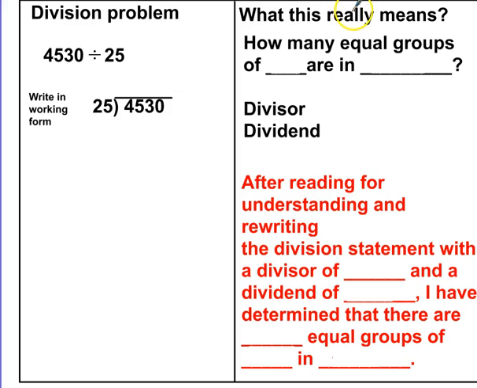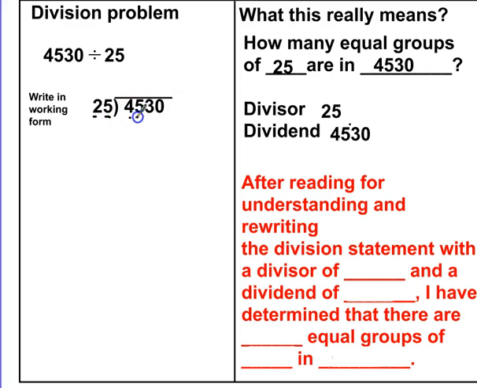What this really means, you're looking for how many equal groups of 25 are in 4,530. Your divisor is 25. Your dividend is 4,530.